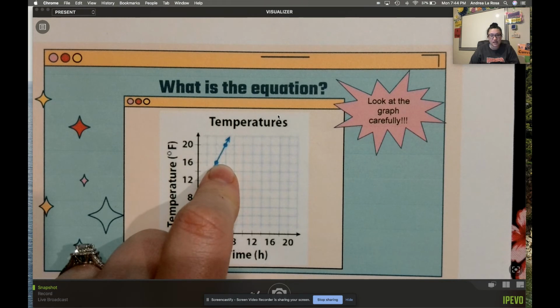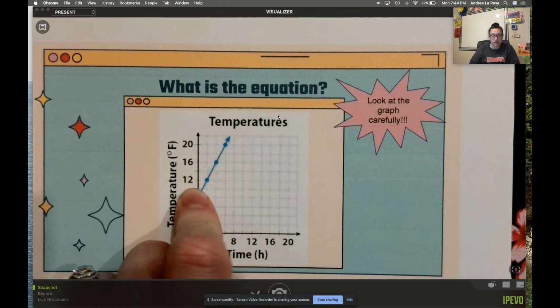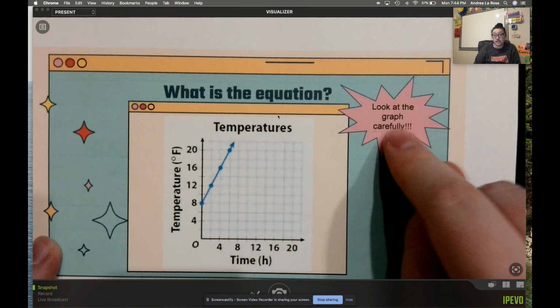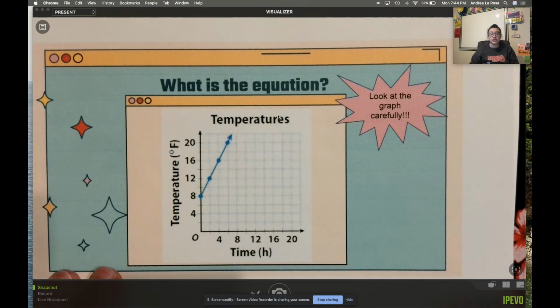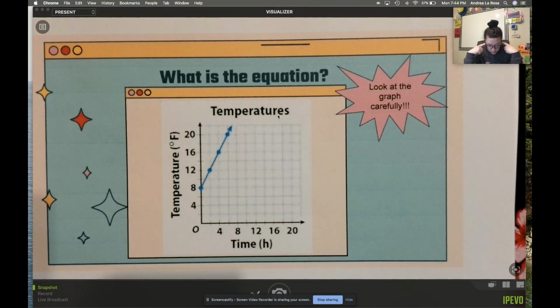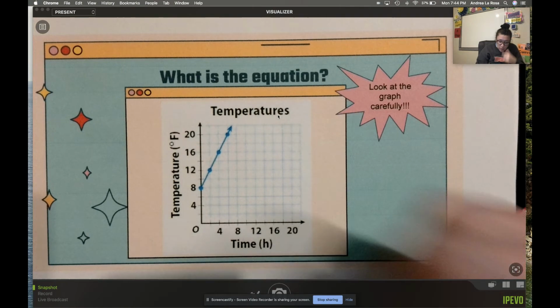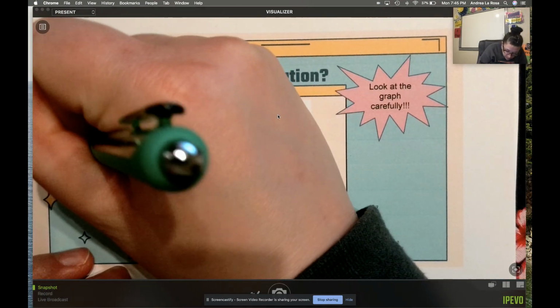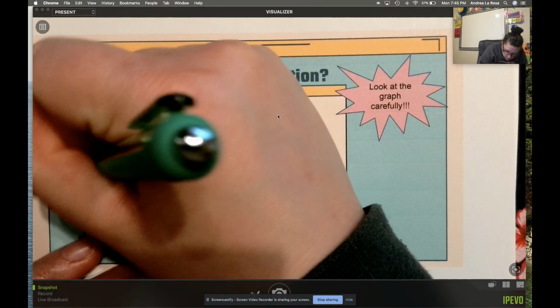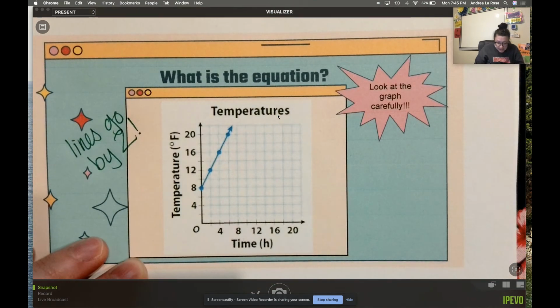All right. So this equation, boom, right off the bat, I'm saying look at this graph carefully. Looking at this graph, what do you notice? My lines go by 2.